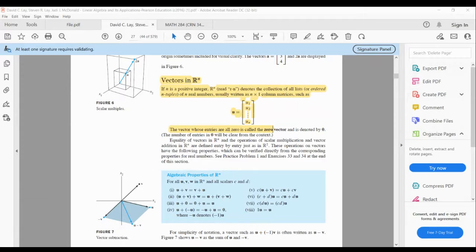The second property, where they have u plus v in parentheses plus w equals u plus v plus w in parentheses, means vector addition is associative. There are all these properties, and when you do problems, it's going to be pretty straightforward. I'm not too worried about that.